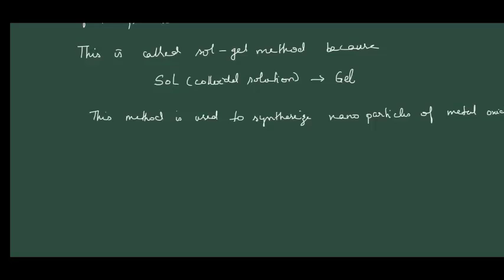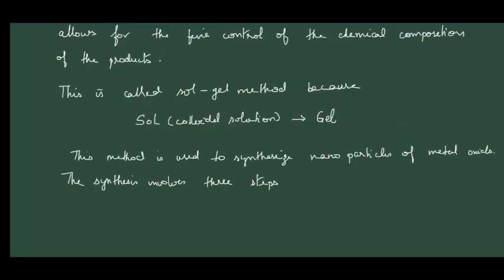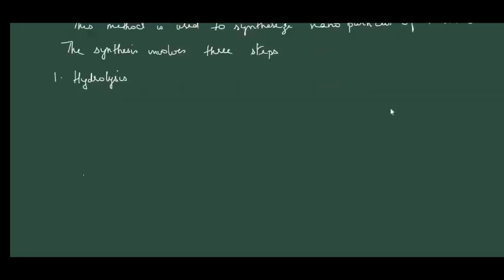The synthesis involves 3 steps. The first step is hydrolysis. During hydrolysis, the sol is formed. The sol is formed from another material which is hydrolyzed with water, and that substance is usually the metal alkoxide or the metal salt whose metal oxide nanoparticles are to be synthesized.